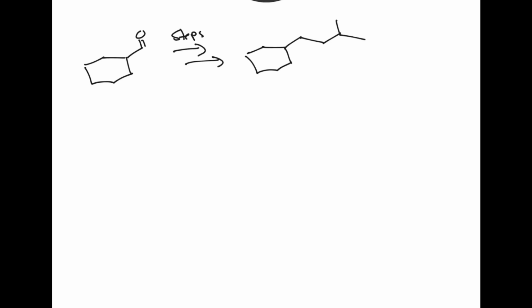So let's say you had this, and in the end, in however many steps, you wanted to end up with this, where you no longer have an oxygen there. There are a number of different ways to do this, but one way you could do it is to start with your aldehyde and add a Grignard.